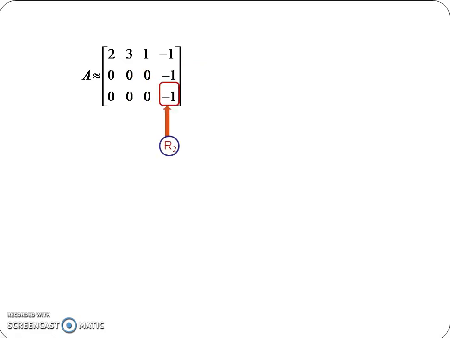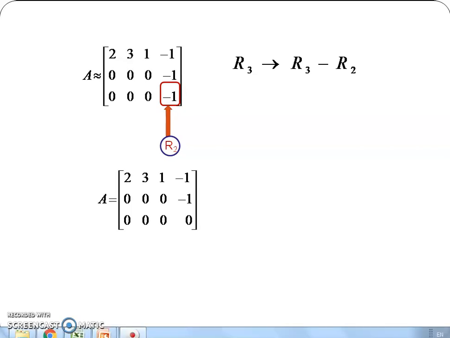So to make this minus 1 to 0, we have to take the help of R2. So we will perform the operation R3 changes to R3 minus R2. So this is the matrix that we obtained.